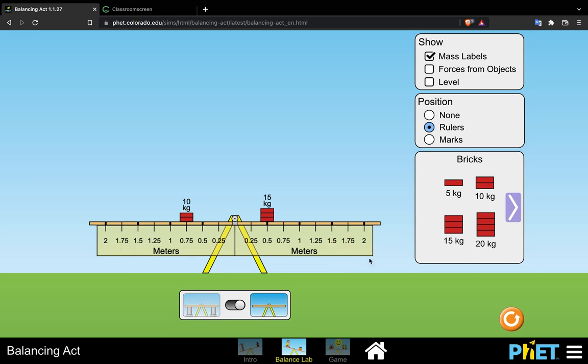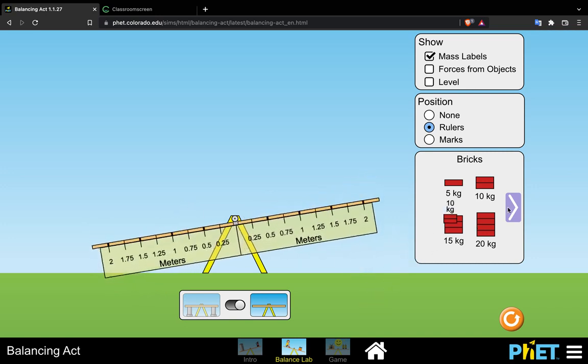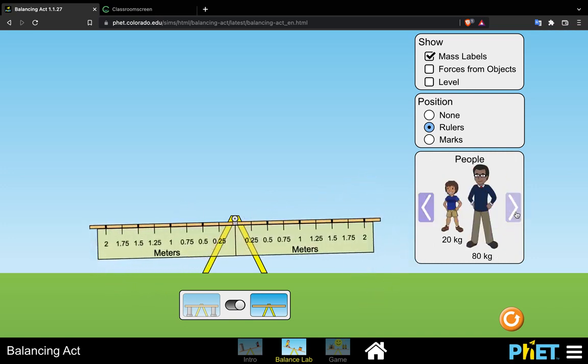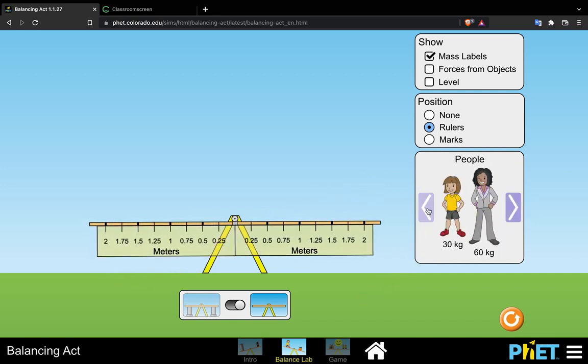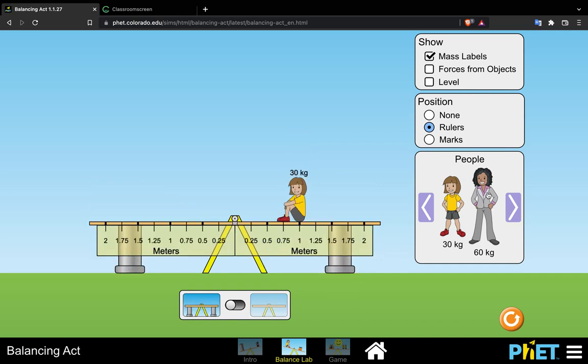Now, let's take another more complex sum. Let's just say there's a kid sitting here, and her mom is here, and the kid is sitting all the way right here.